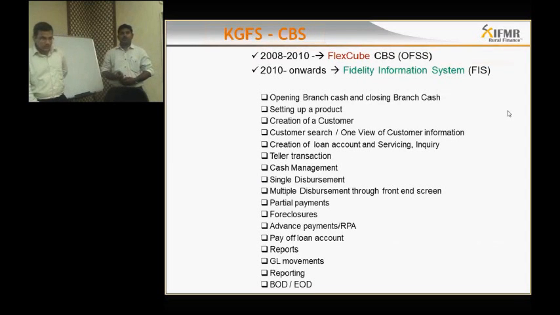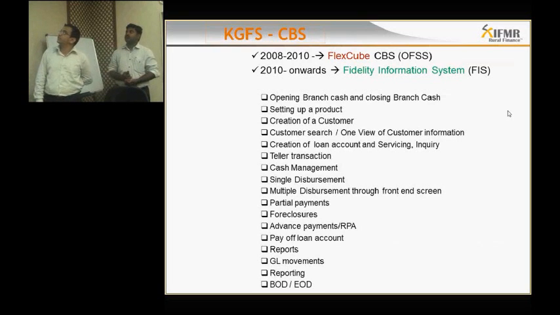So now we are moving on to what we have used in our own KGA course, where we started with the core banking solution. And this will continue, and we will be continuing with the core banking solution, which gives a lot of value-added advantage. So in the years 2008 to 2010, we were using a system called FlexCube, which is supported by Oracle Financial Services Limited. And then from 2010, we shifted to Fidelity Information System.